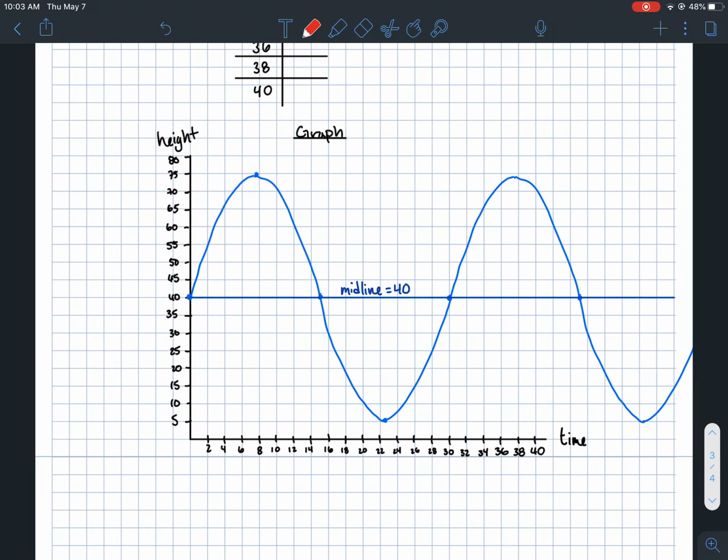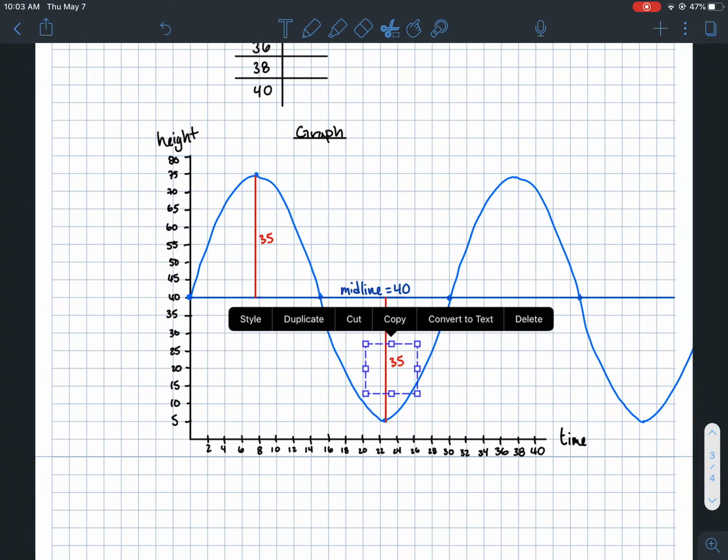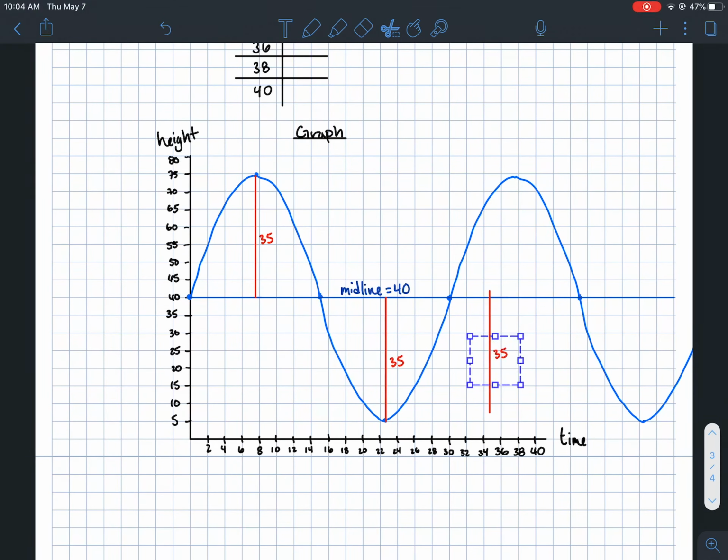And then, depending on where we're at, we also have our radius. And the most our radius can be is 35. So this has a change of 35 at its peak, at its valley, and it just keeps on repeating itself.